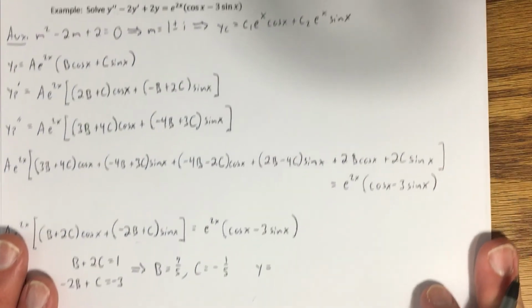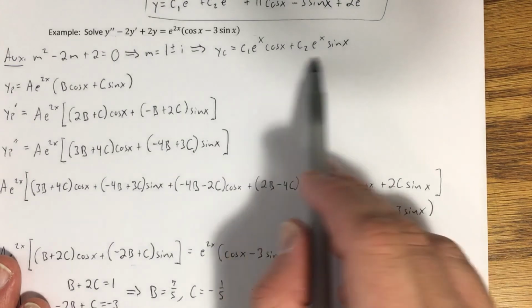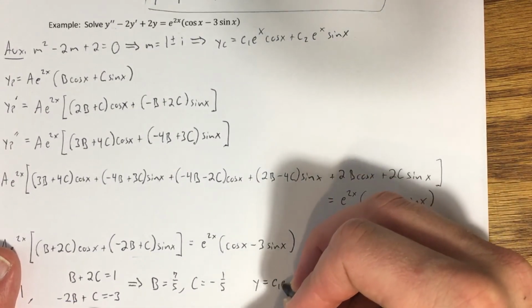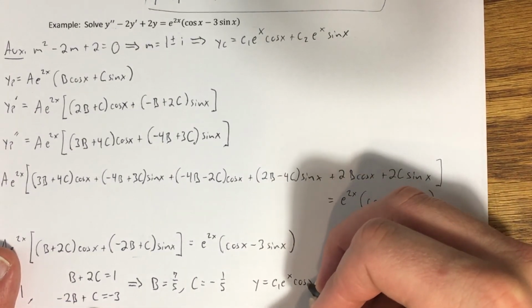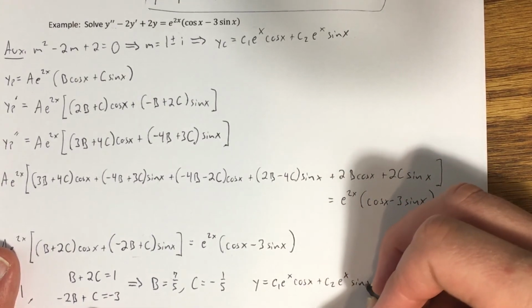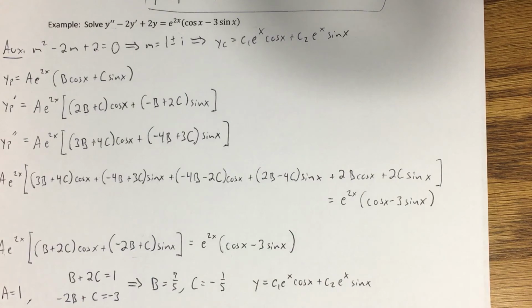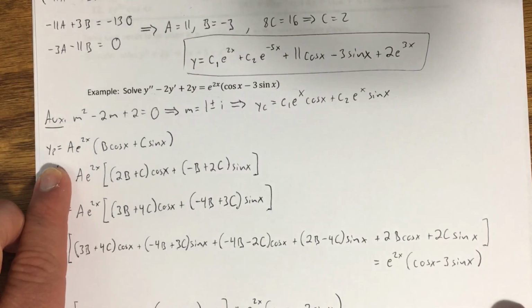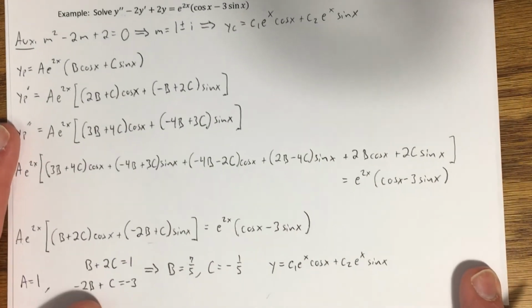y equals our complementary solution, which was up here, c1 e to the x cosine of x plus c2 e to the x sine of x, plus our particular solution, which is that guy after we plug in the coefficients we just found.